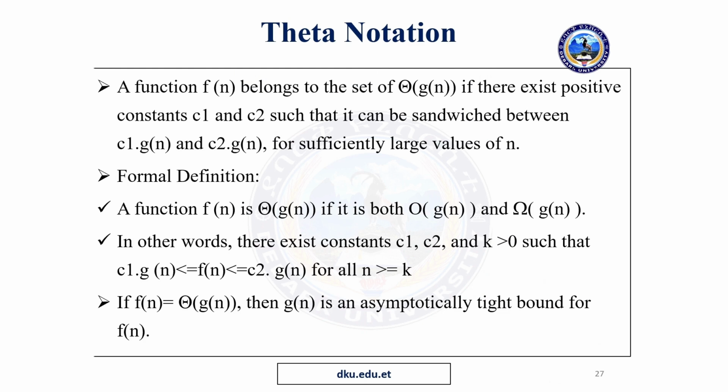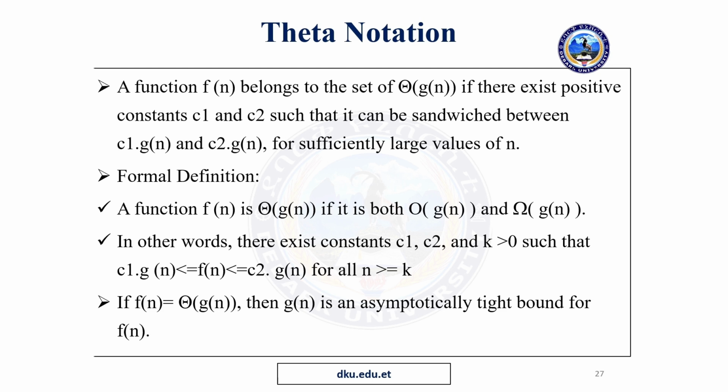And the third one is theta notation. A function f of n belongs to the set theta of g of n if there exist positive constants c1 and c2 such that it can be sandwiched between c1 g of n and c2 g of n for sufficiently large values of n. In the formal definition, f of n is theta of g of n if it is both big O of g of n and omega of g of n.